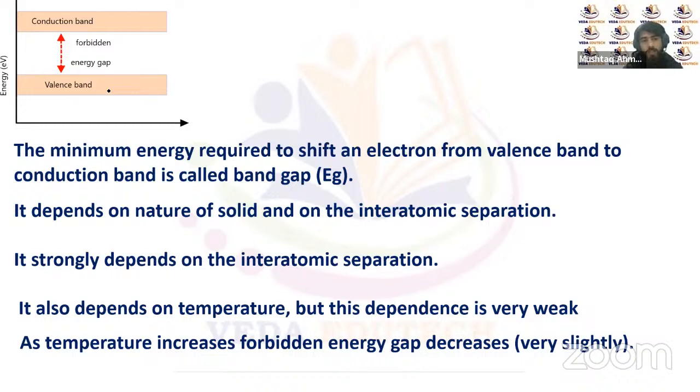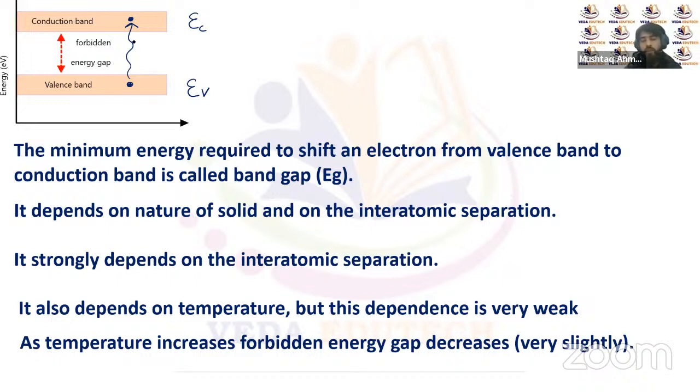Now let's suppose that we want to excite an electron from the valence band to the conduction band. Let's suppose the energy of the conduction band is EC and the energy of the valence band is EV. To transit this electron from the valence band to the conduction band, we need to supply energy equal to the energy gap between the conduction band and valence band.